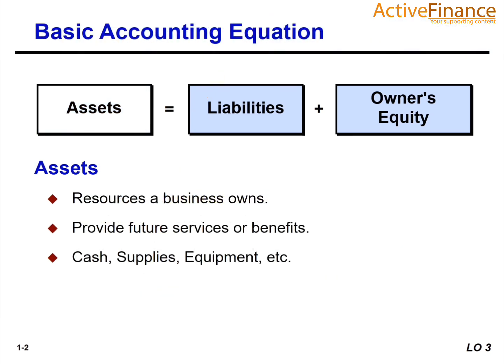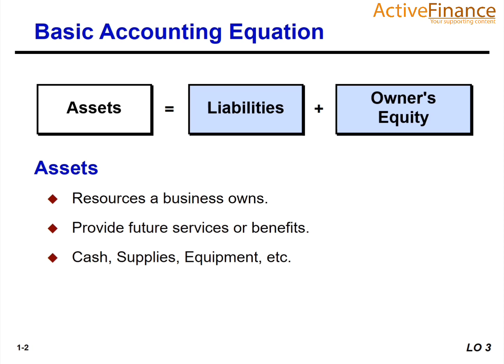That's the basic accounting equation, and the first component of it is assets. Now what are assets? Assets are the resources a business owns, all the resources of the business, that provide future services or benefits.